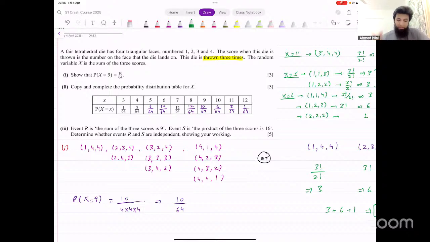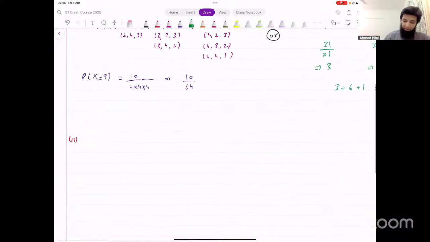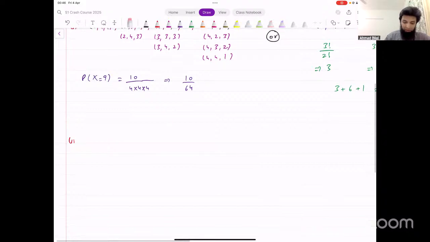Now it says event R is that the sum of the 3 scores is 9. Event S is that the product of the 3 scores is 16. Determine whether events R and S are independent, showing your working. Remember the condition for independent events?